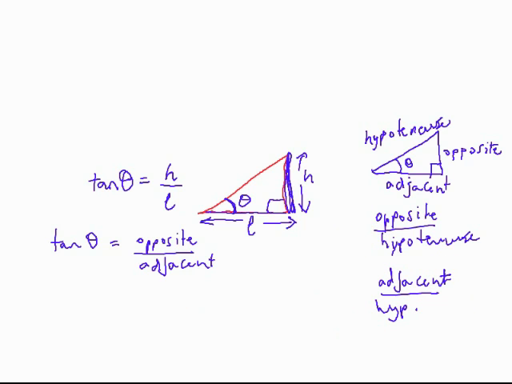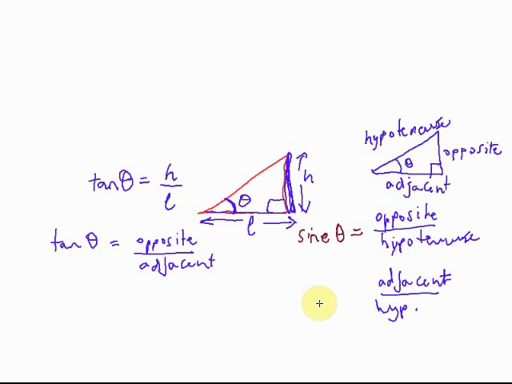Well, we have names for these too. Specifically, we refer to this ratio, the opposite over the hypotenuse, as the sine of theta. That's S-I-N-E, theta.